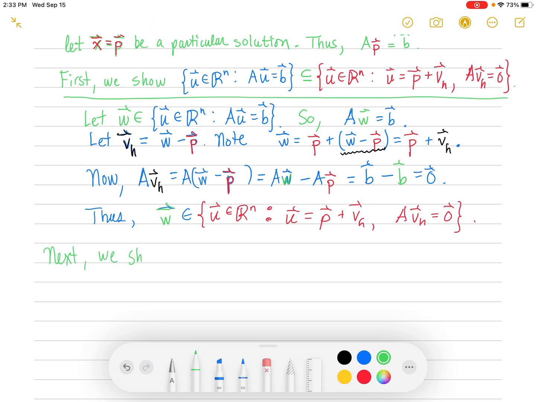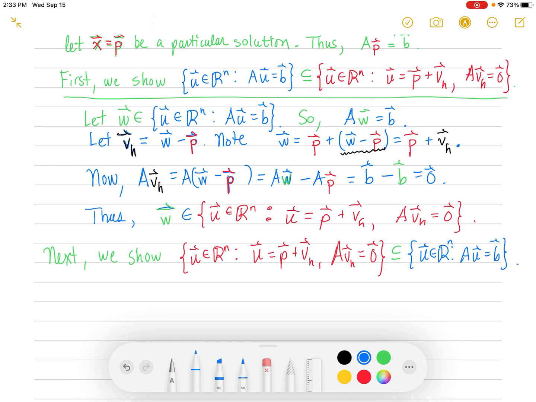So next, we show that the red set, that's the set of all vectors U in Rn such that U equals P plus VH, where A VH equals the zero vector, is contained in the set of all U in Rn such that AU equals B. So we're trying to show the red set is contained in the blue set.